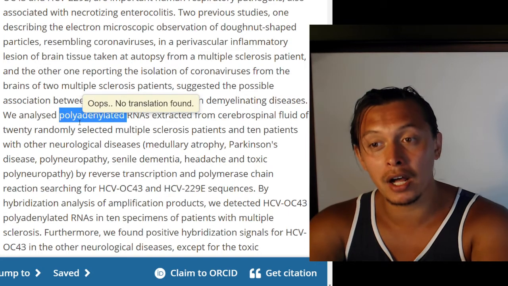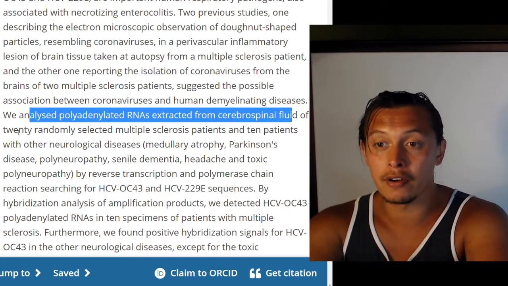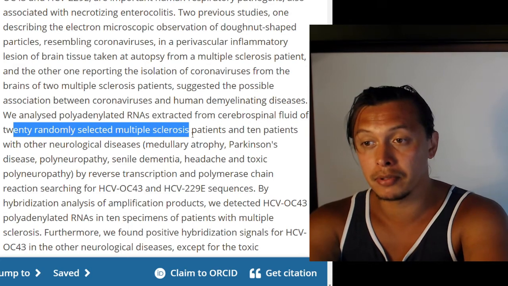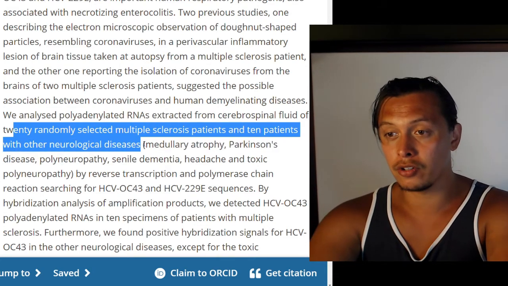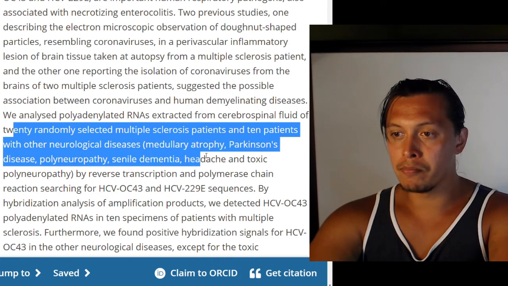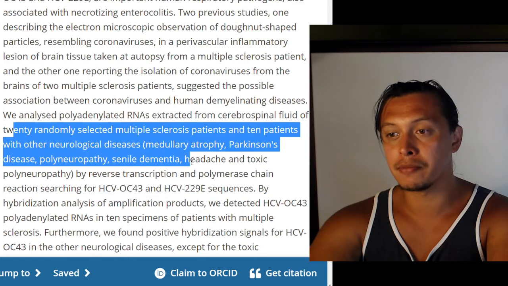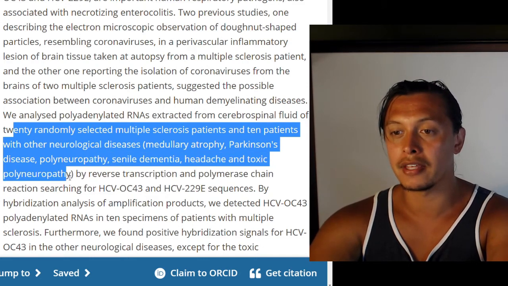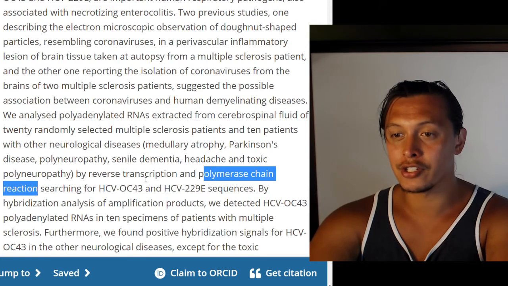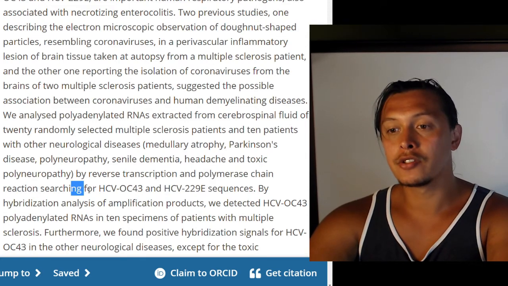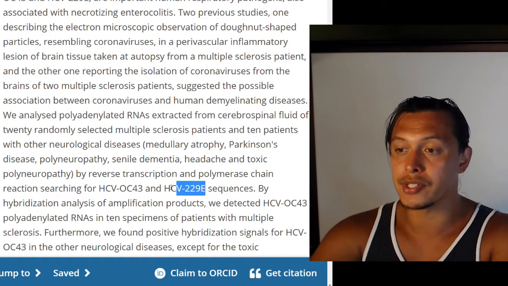They analyzed polyadenylated RNAs extracted from the cerebrospinal fluid of 12 randomly selected multiple sclerosis patients and 10 patients with other neurological diseases, including medullary atrophy, Parkinson's disease, polyneuropathy, senile dementia, headache, and toxic polyneuropathy, by reverse transcription and polymerase chain reaction, so RT-PCR, searching for the HCoV-OC43 and HCoV-229E sequences.